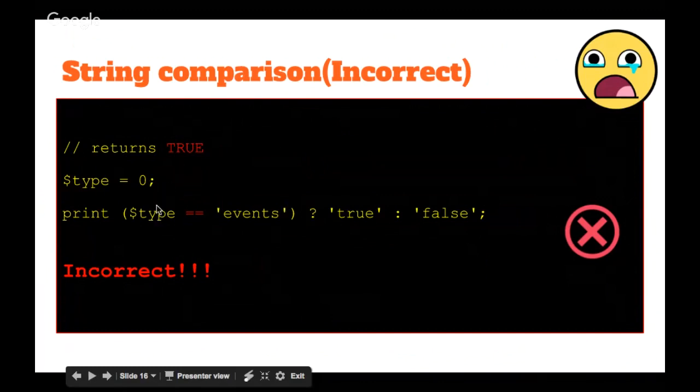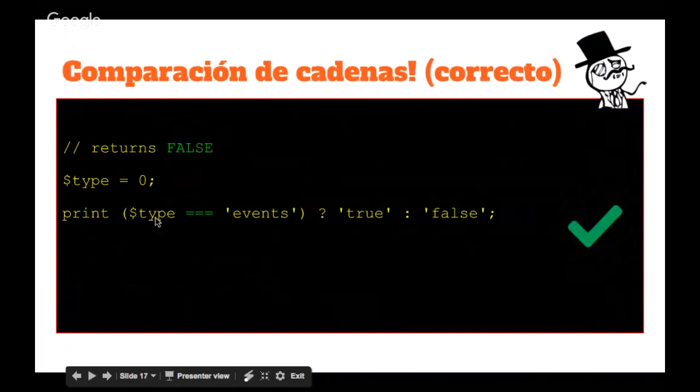But type is an integer, so it is trying to compare a string, and this is, of course, incorrect. So what would be the correct way? It is to use triple equals, which is a strict comparison, and with this we are comparing the data type, that this is a string rather than a number.